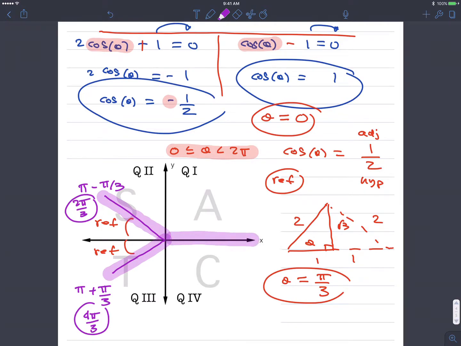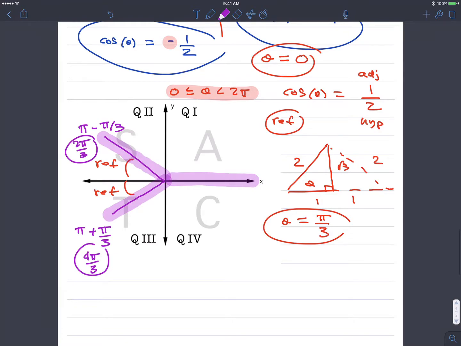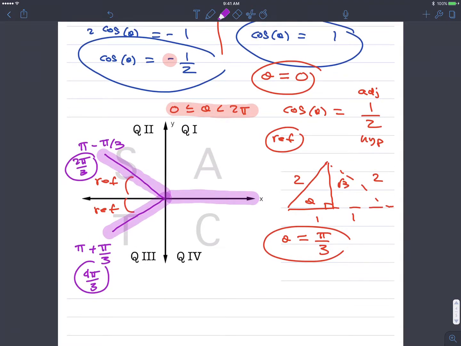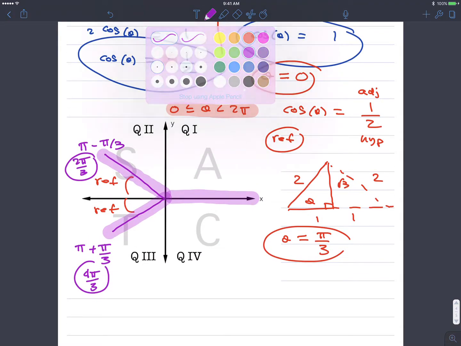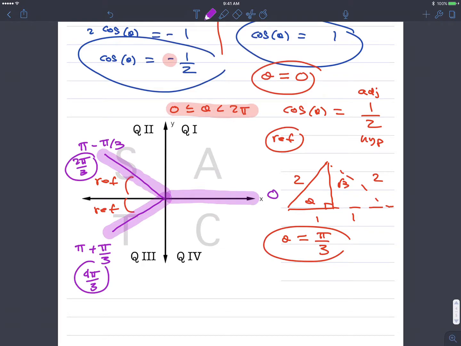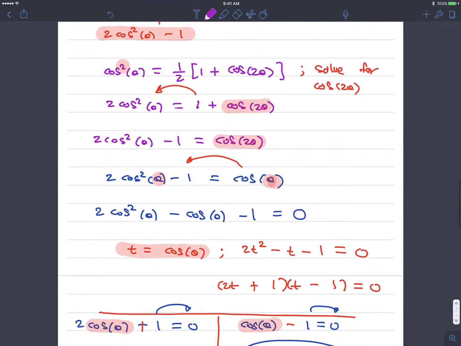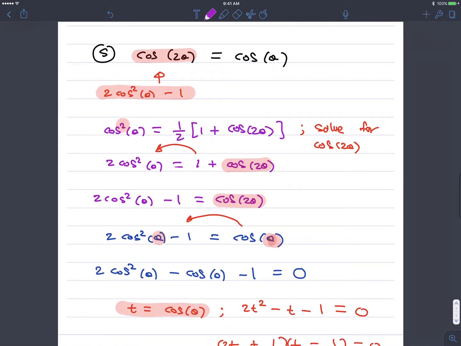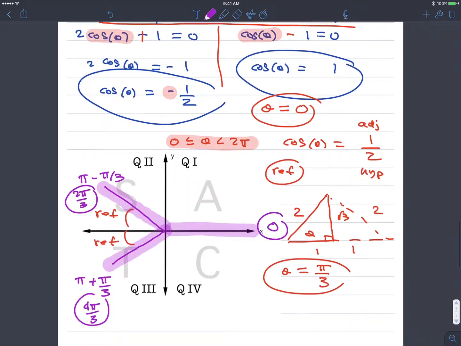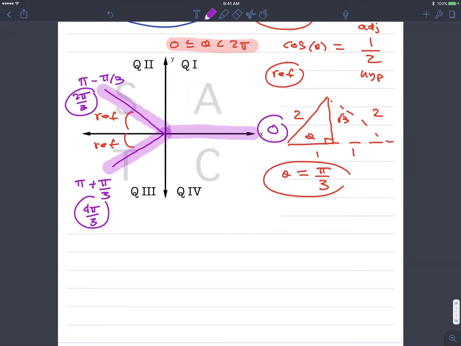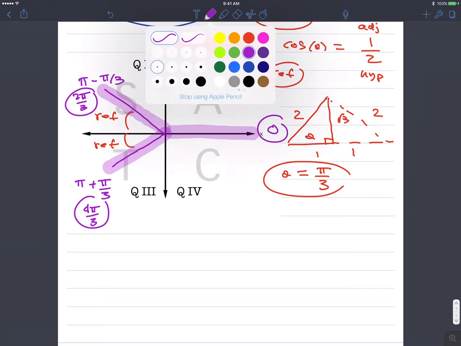So where is 0 here on my graph? This is where theta is 0, right? So I'm going to put another solution here for you guys. All these values are solutions for this particular trig equation, number 5. And if I had to say, what is your solution set in our restricted domain here?